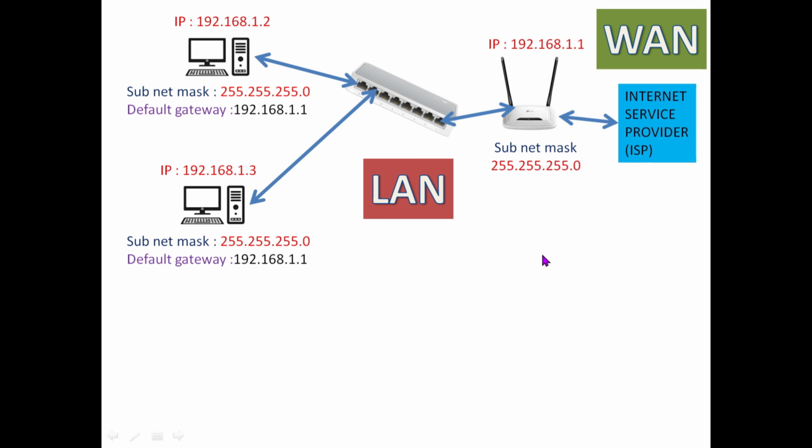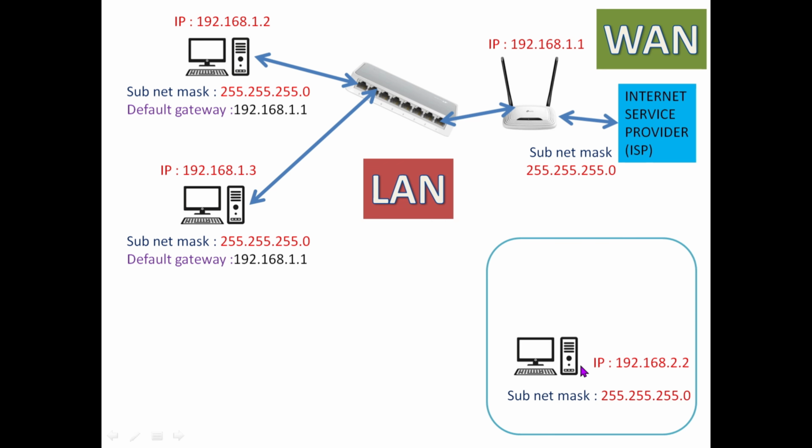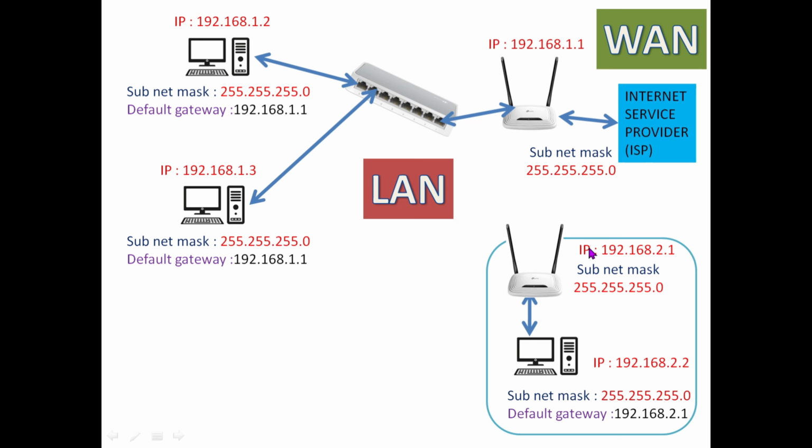In our office or home, there may be two or more Wi-Fi routers. That is, we have a PC having the IP address 192.168.2.2 and it has a router with the IP address 192.168.2.1. Since this PC is connected to this router, its default gateway has to be the IP address of this router, that is 192.168.2.1.